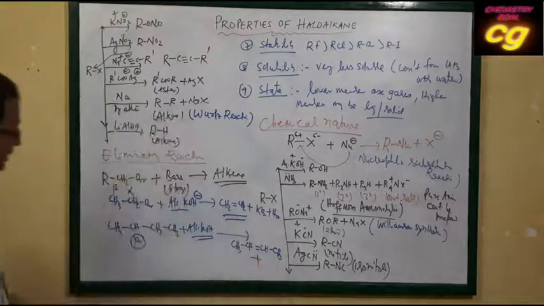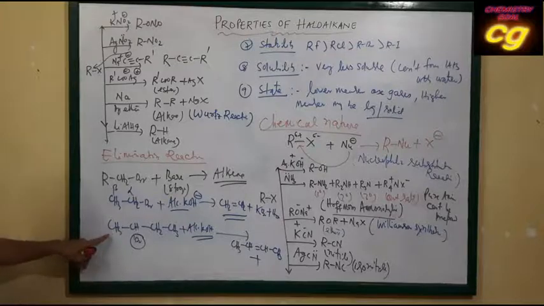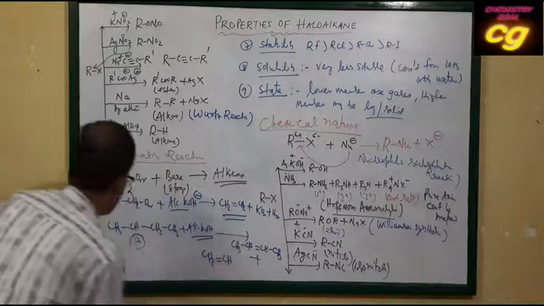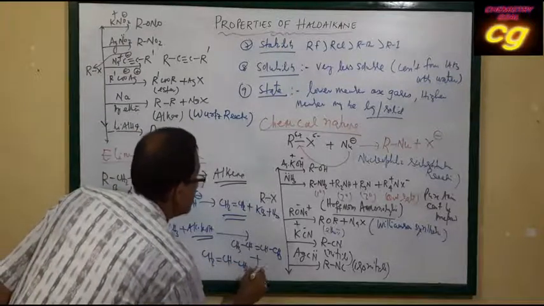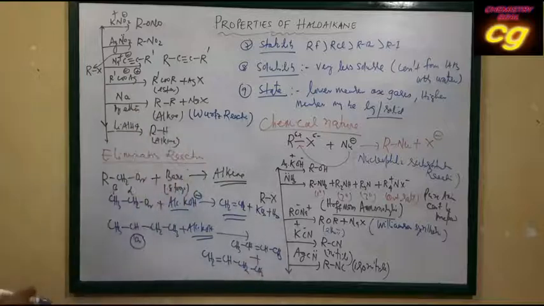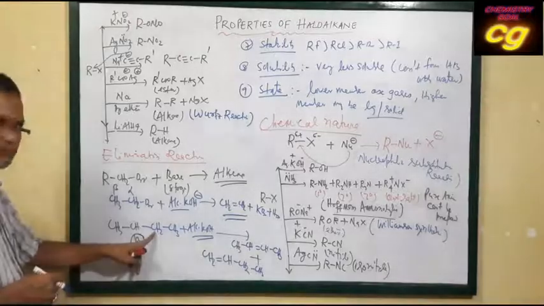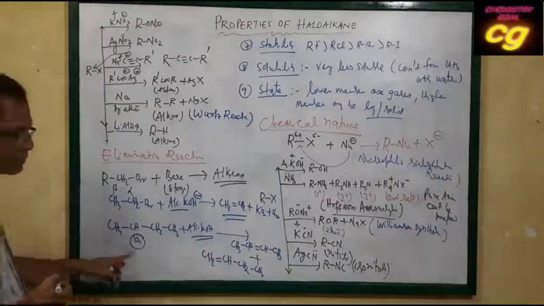Or bromine will be removed along with hydrogen from the first carbon. So what is the product? CH2=CHCH2CH3. So you see the difference. When hydrogen is removed from this carbon, it produces this type of alkene. When removed from the first carbon, it produces this alkene.